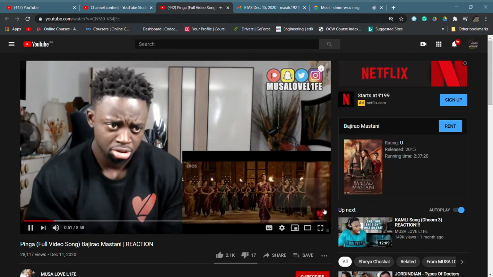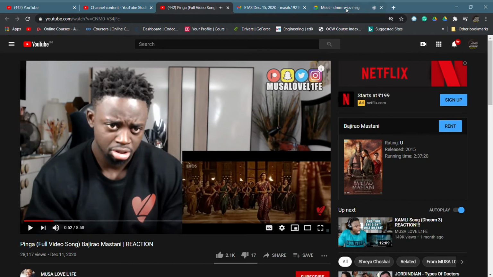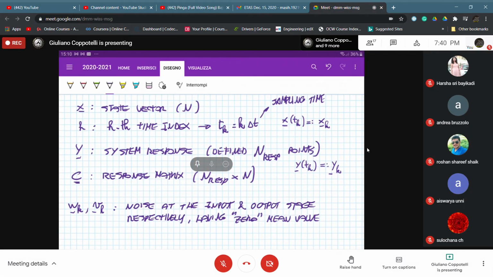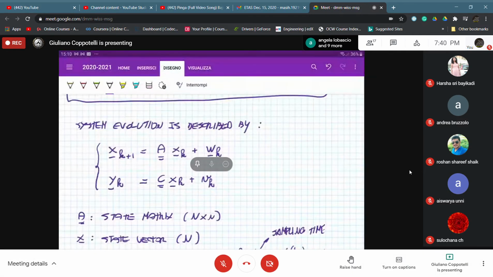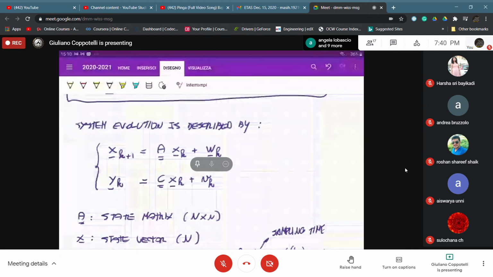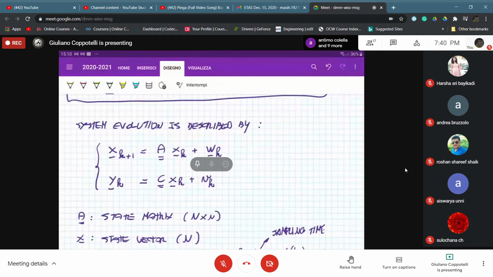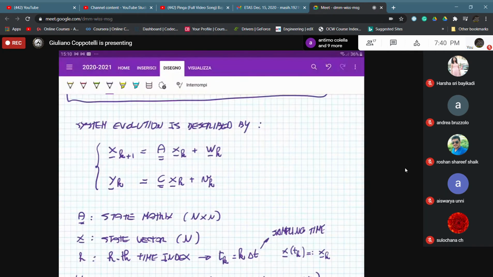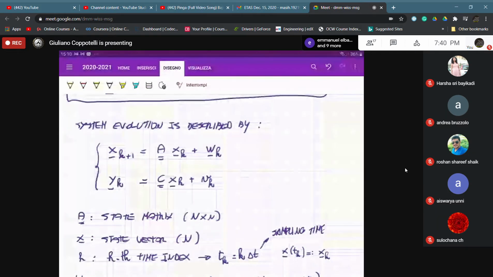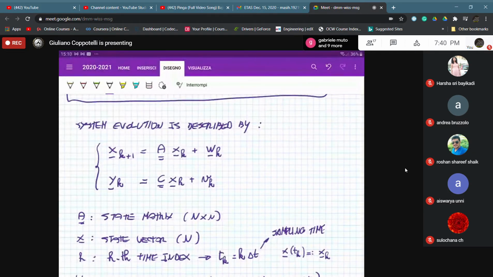Okay, let's recap the class. So in the balance realization method for the operational modal analysis, that is for the estimate of modal parameters without the measurement of the input excitation, the starting point is the state space formulation, as you know, and the equations, that is the system evolution, are here reported on the screen that you can see right now.